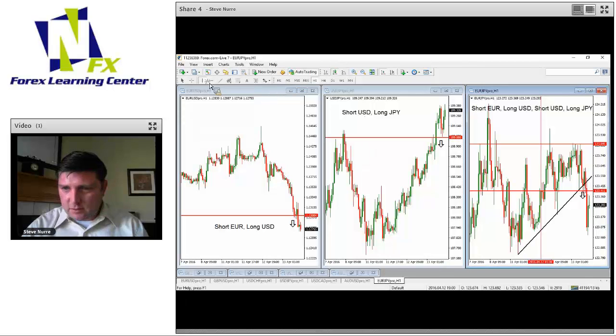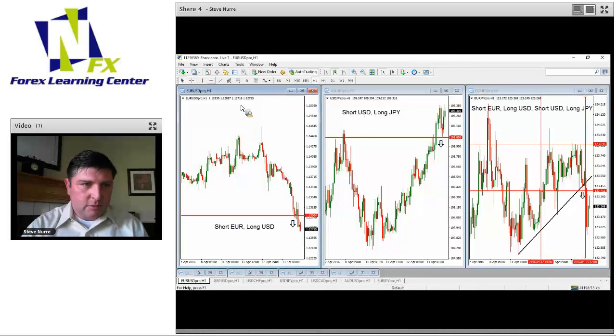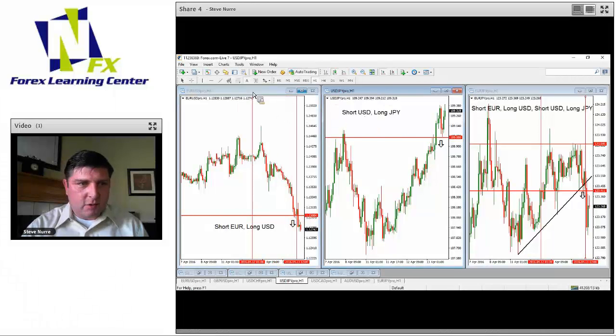Let's see, that's at 0100 hours. This is, let's just put this at 1200 hours. There we go. And I'll try to put these vertical lines at the same time so you can focus in on them.